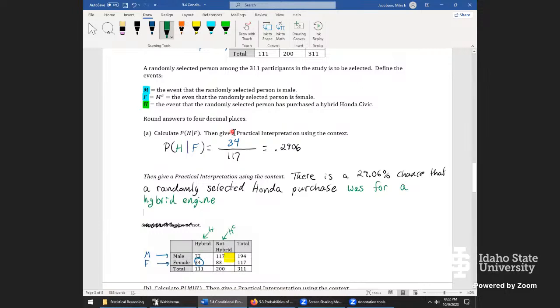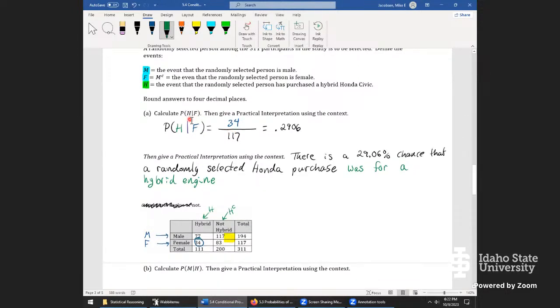So what I'm going to try to do with this problem is, let's use the given on part A, but on part B, we'll do the different style of interpretation. So we can see what they both look like and maybe get a better idea of what they even mean when they say given. I feel like that's a confusing word just on its own. So if you say given right here across a vertical bar, I'm always completely happy with that for a practical interpretation. So given, let's use a good color though.